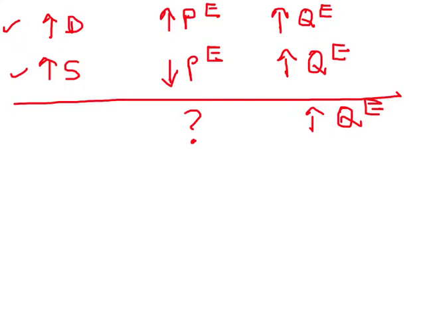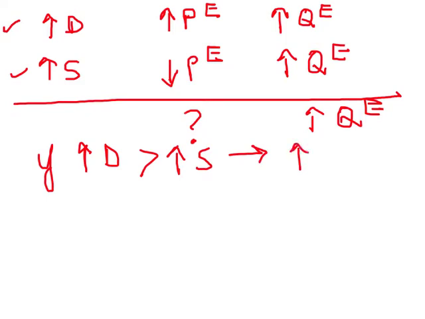And this would depend on the relative strength of the shifts of the demand and supply curves. For example, if the increase in demand, however measured, is greater than the increase in supply, or the demand side factors dominate over the supply side factors, in such a case we would expect an increase in equilibrium price.